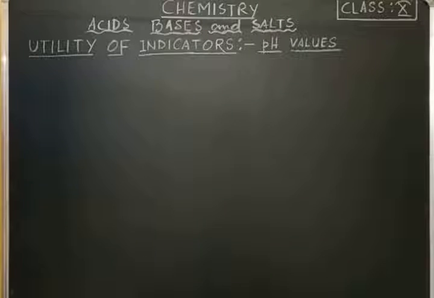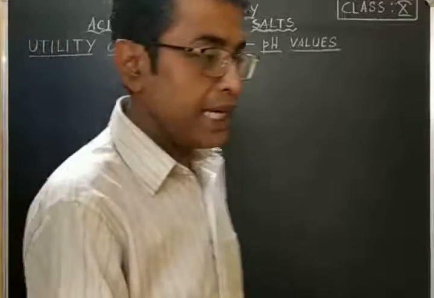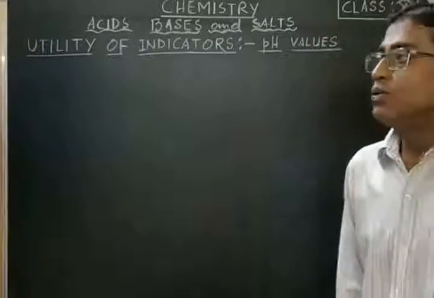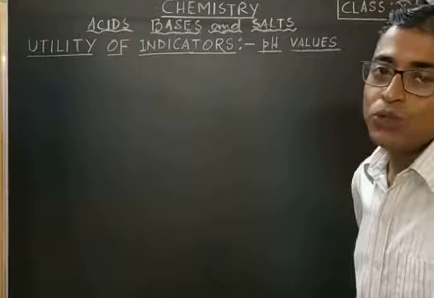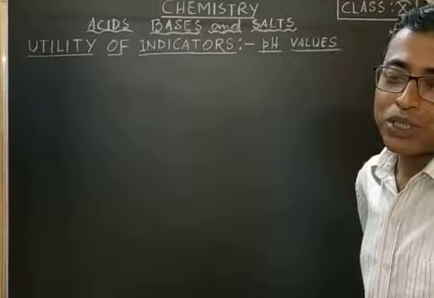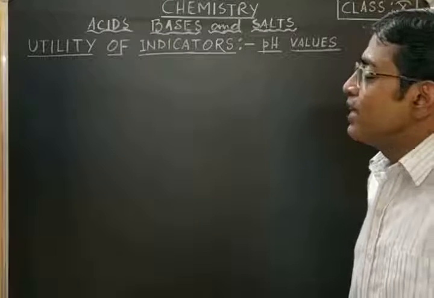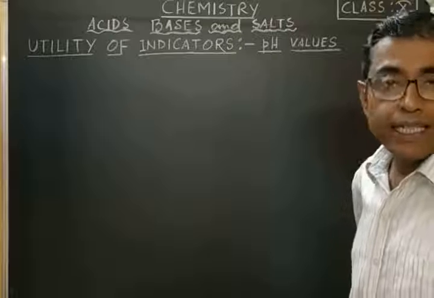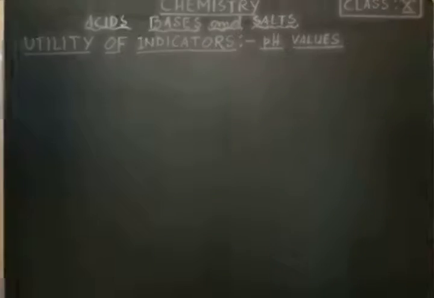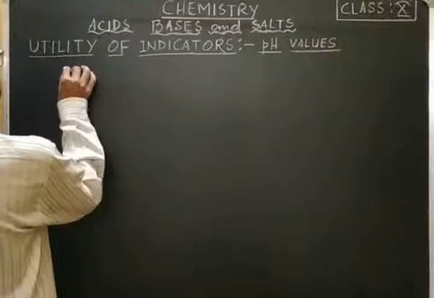Now we have learned about the pH scale and different values of pH, where you can tell which solution is acidic, which is basic, and which is neutral. Remember, this has a very big utility in industry and agriculture. First of all, pH is very much used in agriculture.